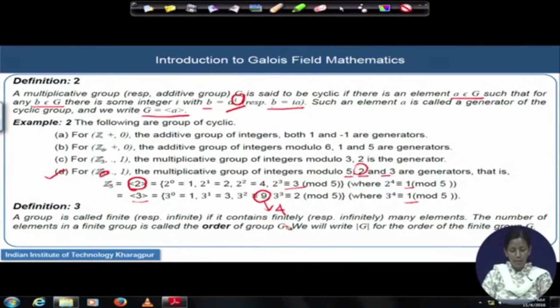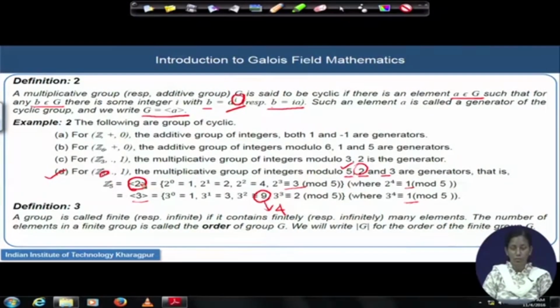I have not shown the calculation for the number 5 here, but please do it on your own. You will be able to see that again you will be generating back all the elements 1, 2, 3, 4 only within this whole operation. So, we can declare that with respect to these generators, this is a cyclic group.